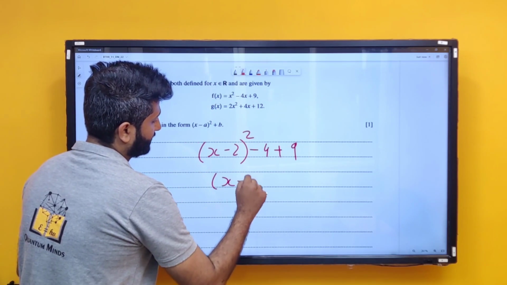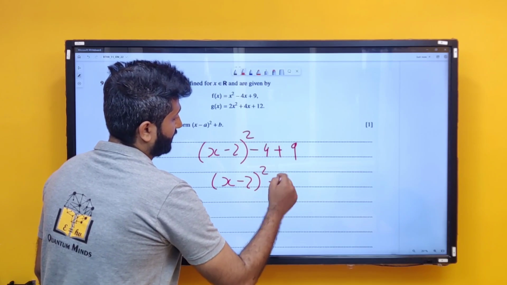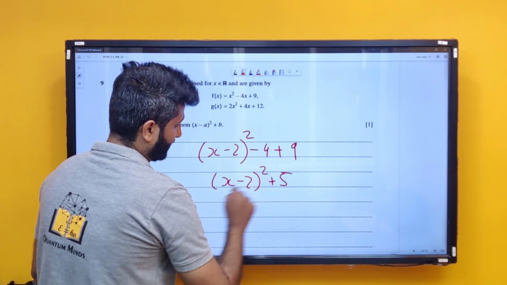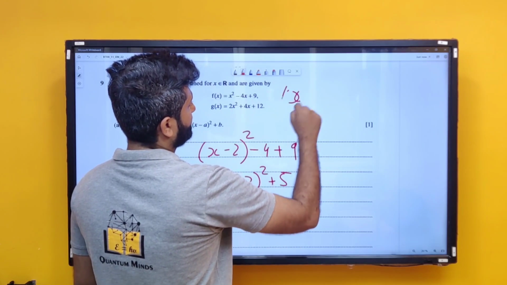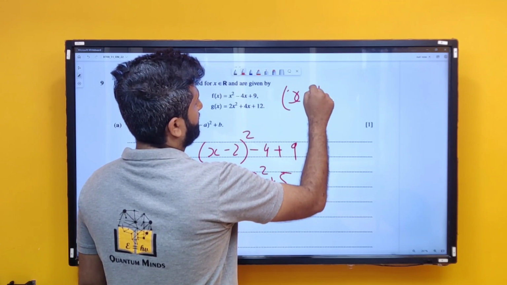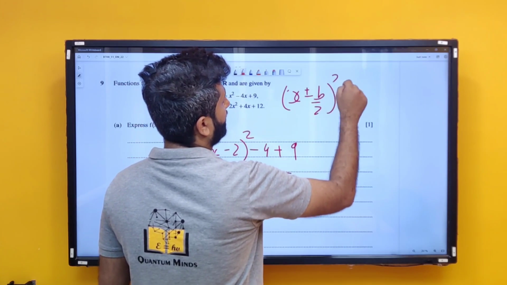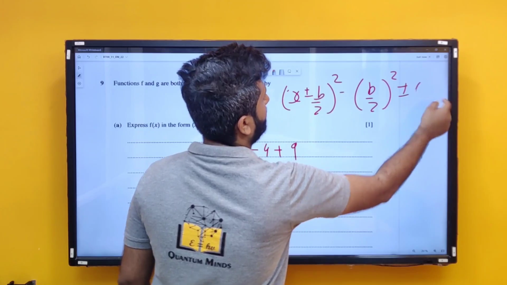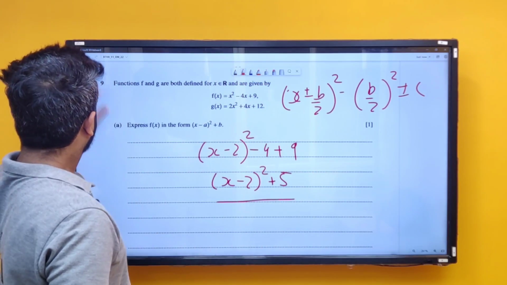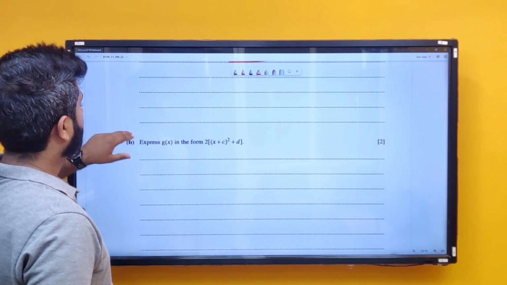So this is x minus 2 square plus 5. What is the formula? The formula is x plus or minus b by 2 whole square minus square of b by 2 plus or minus c. So x minus 2 square.